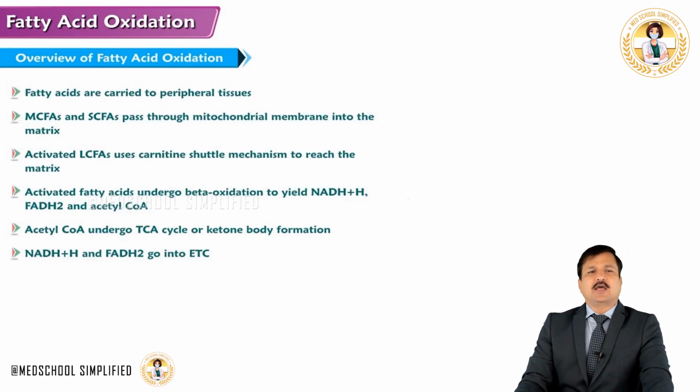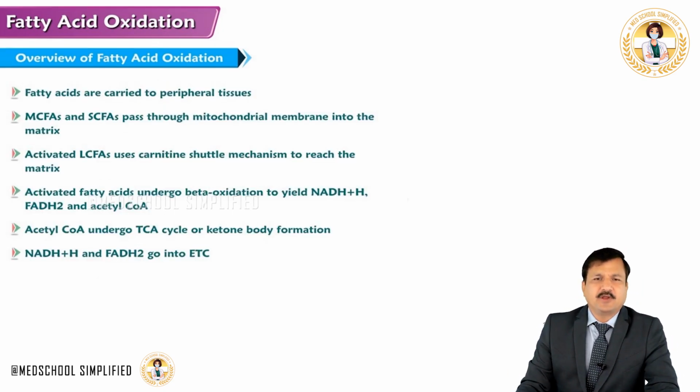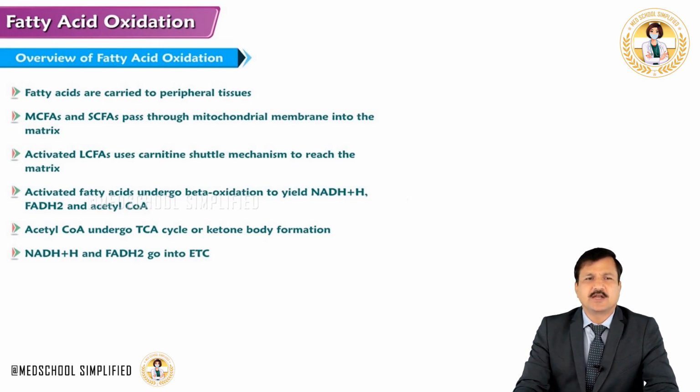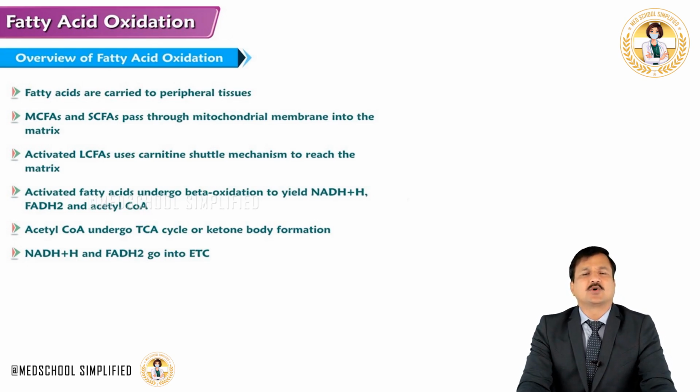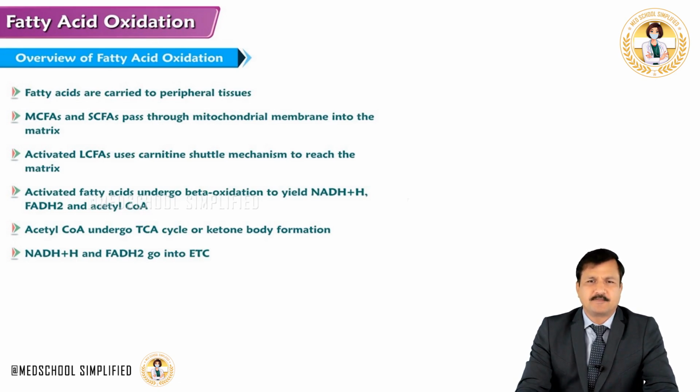So, this is what I have written here briefly with the previous figure, whatever I have explained, just as a recap one more time. Fatty acids are carried to the peripheral tissues by binding to albumin, and then these fatty acids enter the cytoplasm through the plasma membrane, and from there they need to go into the matrix of mitochondria. Now, it depends on the carbon length of fatty acids.